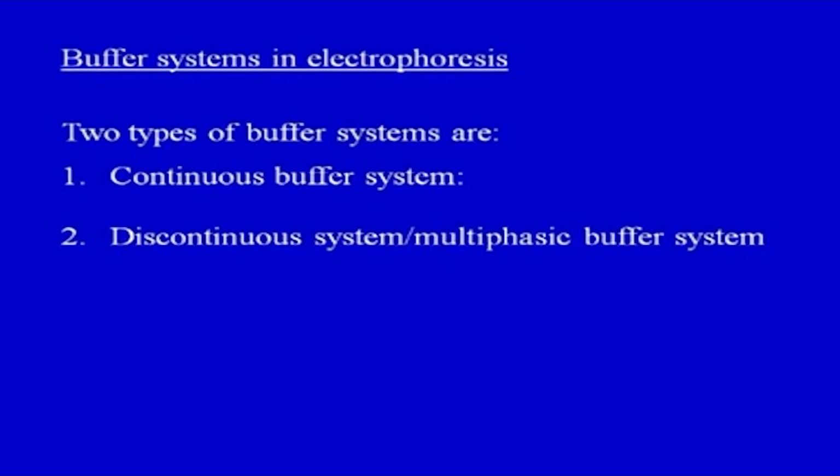Now, in electrophoresis there are two types of buffer systems. One is called the continuous buffer system and another is the discontinuous buffer system, which can also be called a multiphasic buffer system. A continuous buffer system is a single buffer system, where you are utilizing a single buffer, whereas in a discontinuous system you will have more than one kind of buffer, maybe two buffers or three buffers.